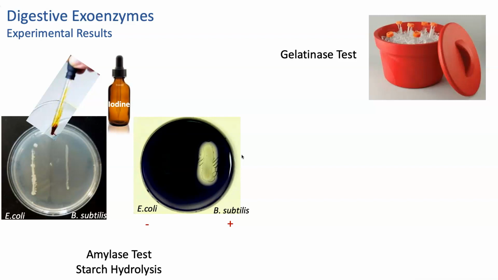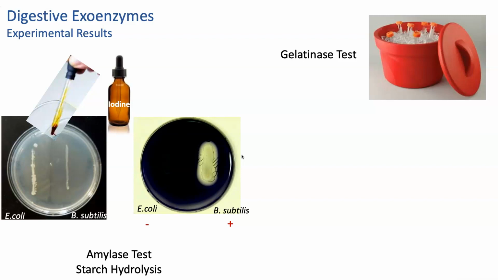What happens if my bacteria produces the enzyme gelatinase? It breaks down the gelatin, making it liquid. So how will I know if my gelatinase test tube is liquid because the bacteria produced the enzyme, or because it's been at 37 degrees? I wouldn't know.